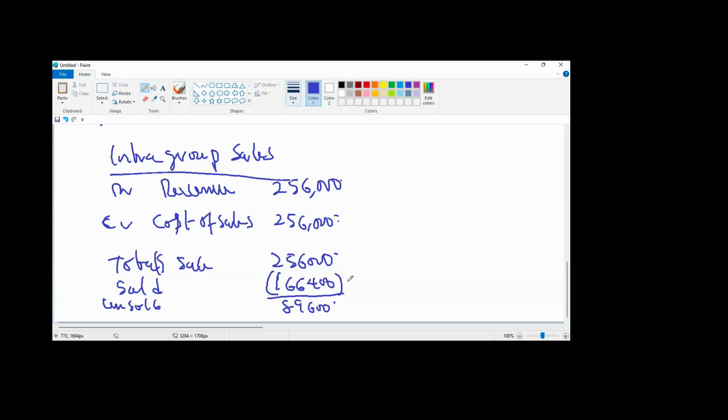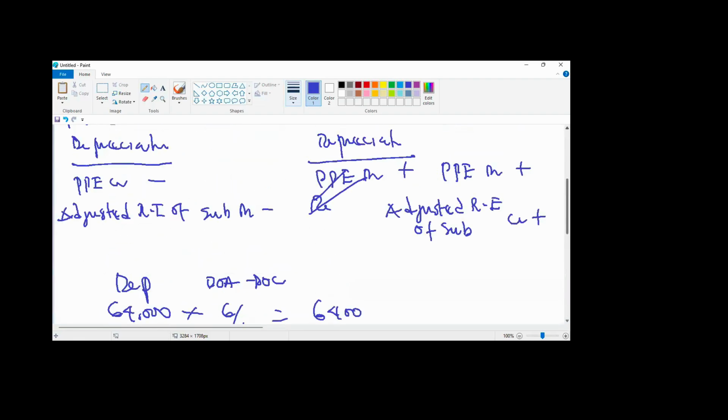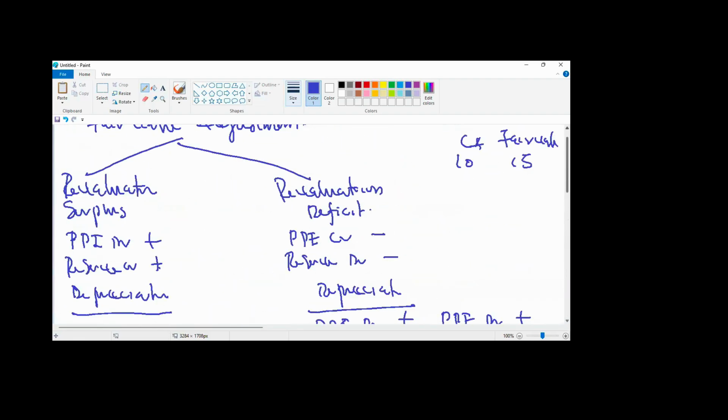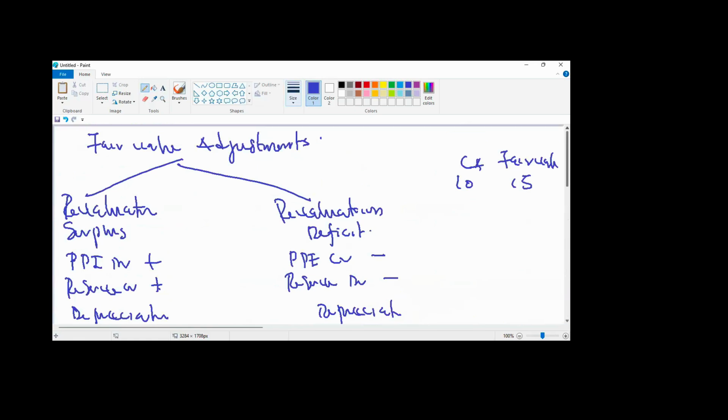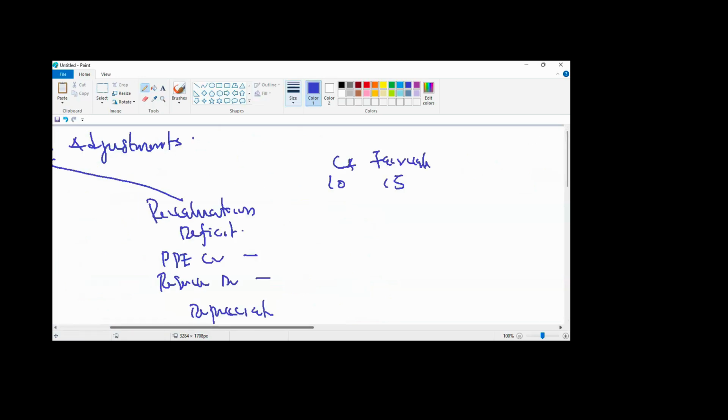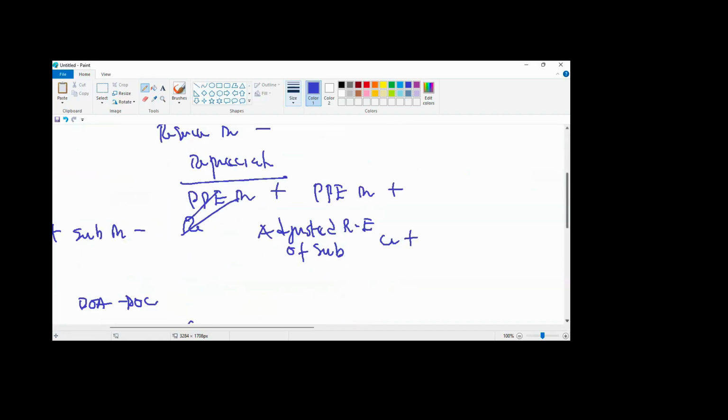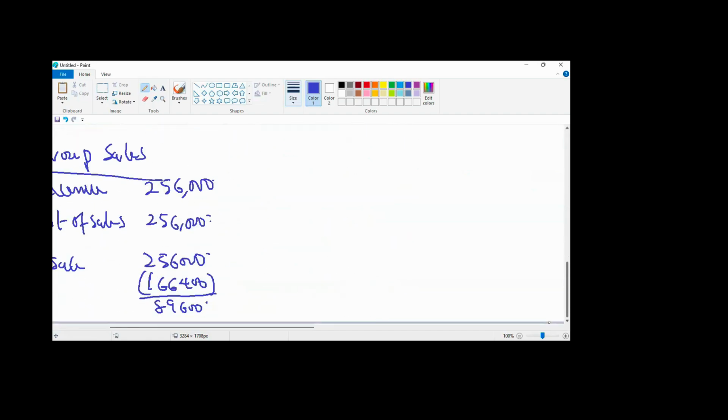It's a markup. So to eliminate unrealized profit, this is the unsold markup.